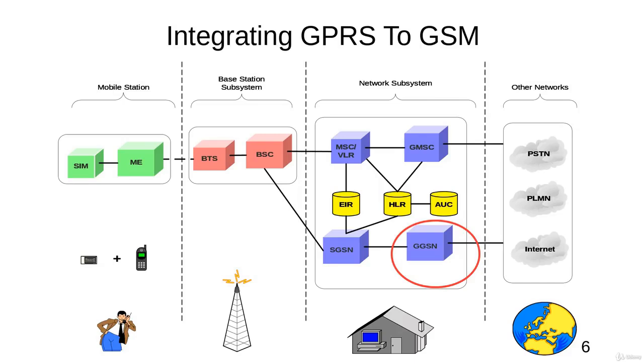SGSN stands for serving GPRS support node and GGSN stands for gateway GPRS support node. These are the two main nodes that handle the packet switch data, while the MSC and gateway MSC handle the circuit switch data. SGSN and GGSN handle the packet switch data, and therefore they are connected to the internet or public data network. So these are the two main nodes that are required in the GPRS network when we upgrade from GSM to GPRS.